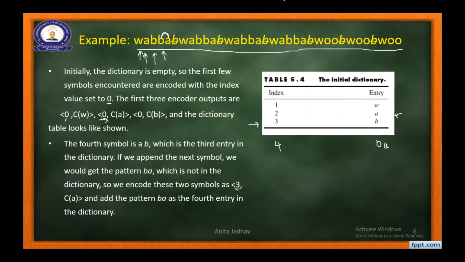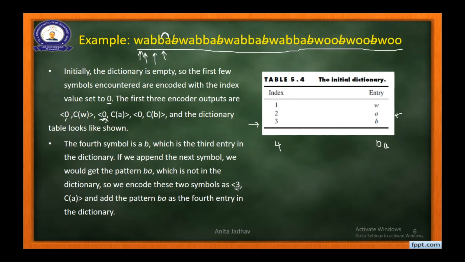Okay, I hope this step is clear. What we have done, when we start with this new example, is build a dictionary. If the dictionary is not given, it can be lexicographic. I said W is not there, so I put 0 in the output, which indicates that it is not there in the dictionary, and I write the code word for W and then make an entry in the dictionary.